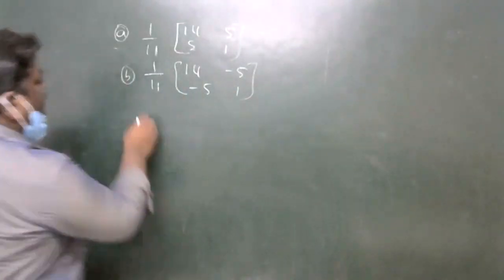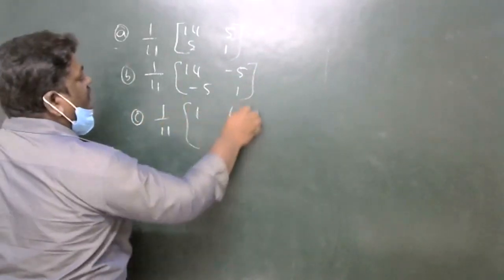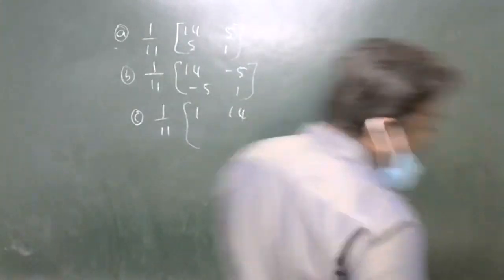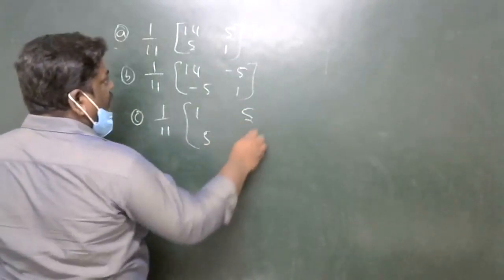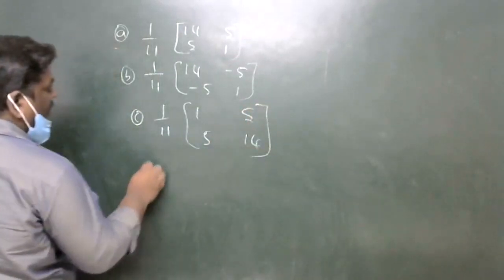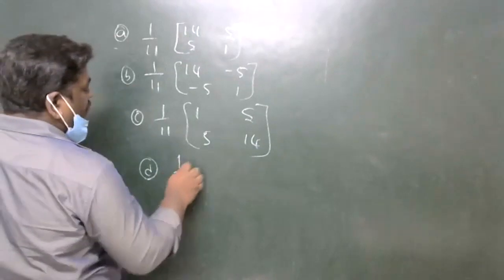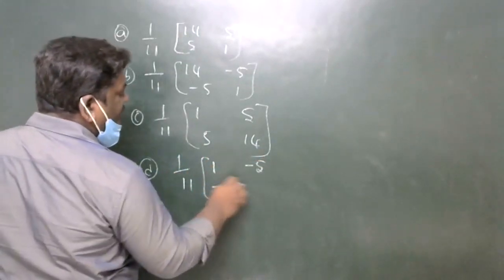Option C is 1 5 5 14. Sorry, 1 5 5 14. Option D is 1 by 11 of 1 minus 5 minus 5 14.